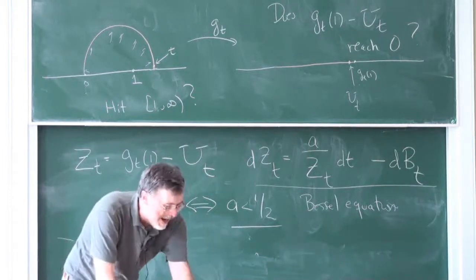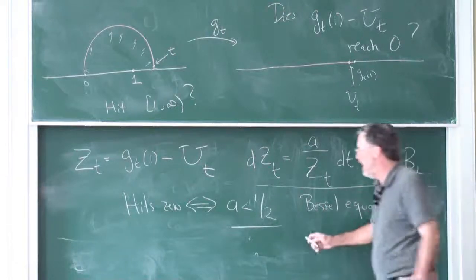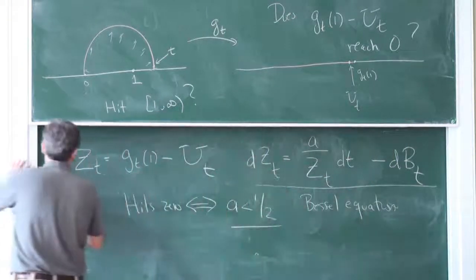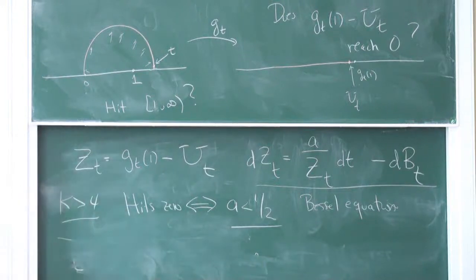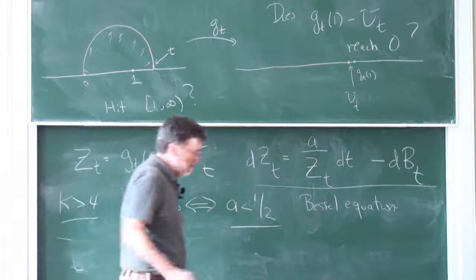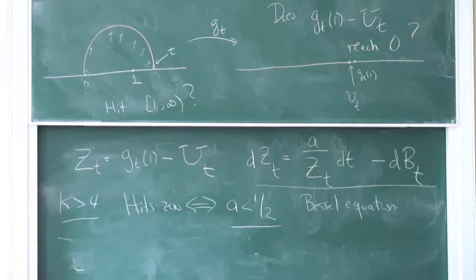If a is bigger than a half, then the repulsion from 0 is sufficiently good. And a less than a half is the same as kappa bigger than 4. And that's basically the proof of this.